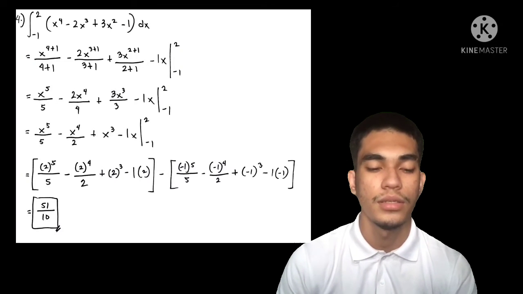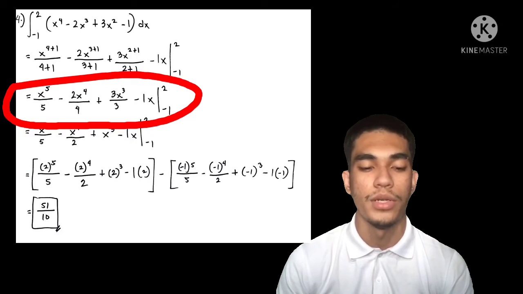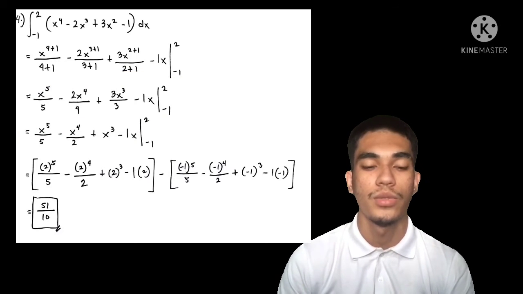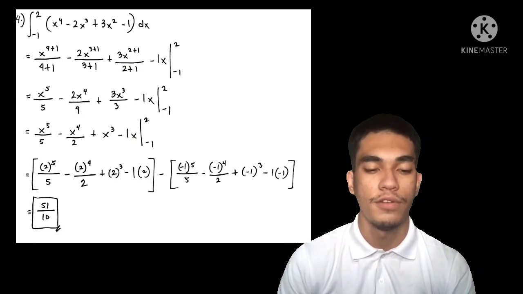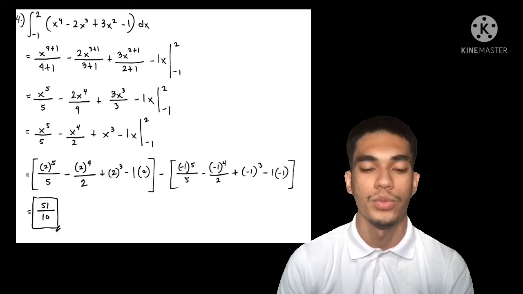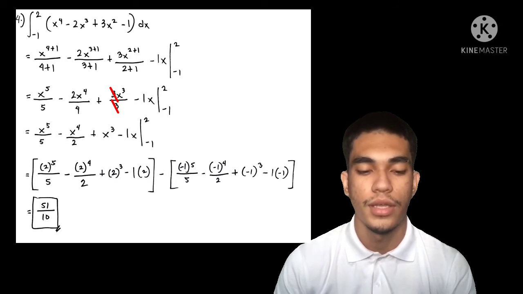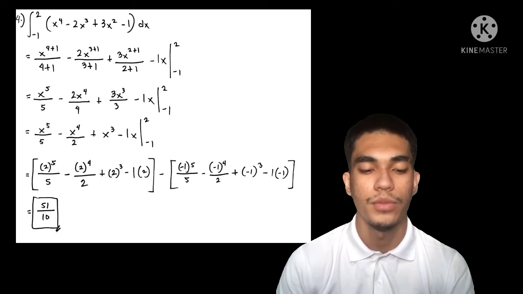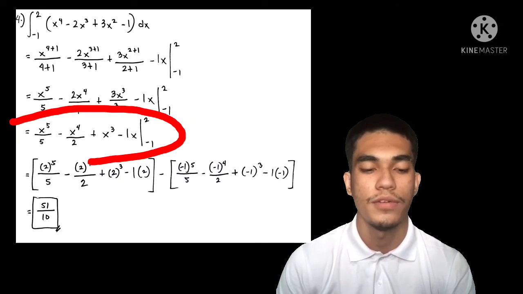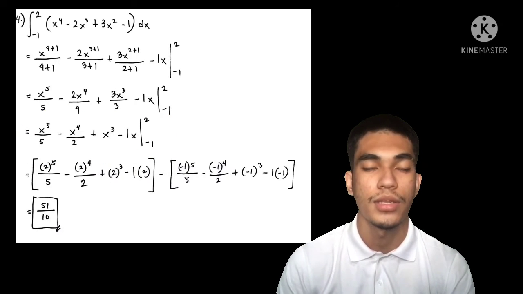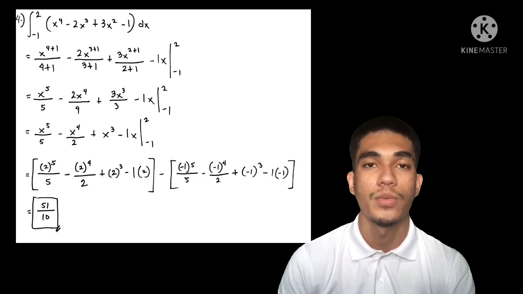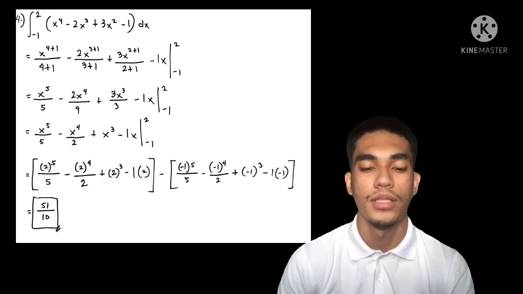After we integrate, we have x to the 5th power over 5 minus 2x to the 4th power over 4 plus 3x cubed over 3 minus 1x from negative 1 to 2. Now, if we divide, we can cancel our 3, and 2 divided by 4 will become 1 over 2. Now we have x to the 5th power over 5 minus x to the 4th power over 2 plus x cubed minus 1x from negative 1 to 2.